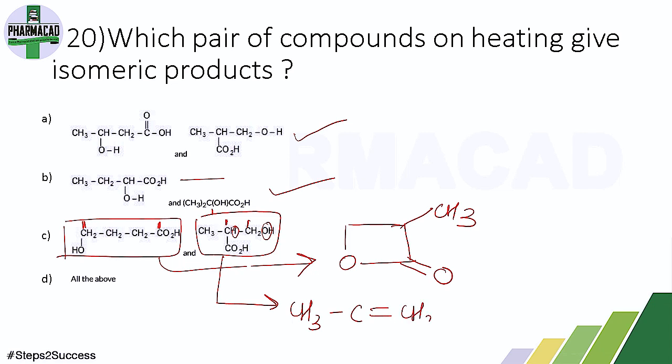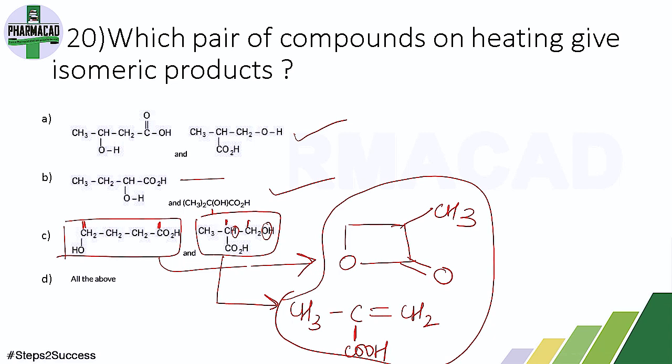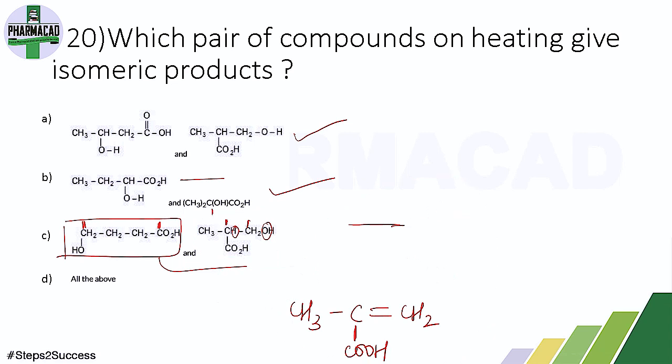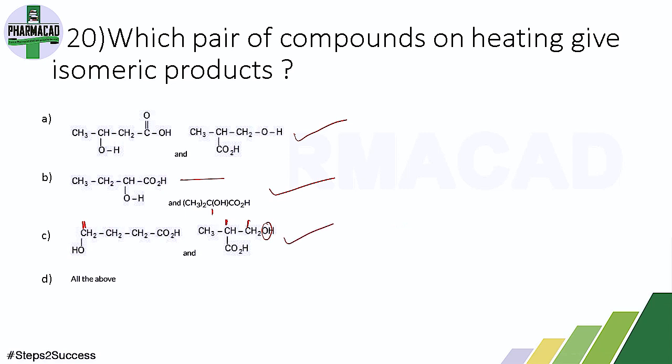So the same molecular formula, same number of carbon, oxygen, hydrogen, the only difference is in structure. It means this pair also has the isomeric product. So the answer is option D, all of the above. Okay. Thank you.